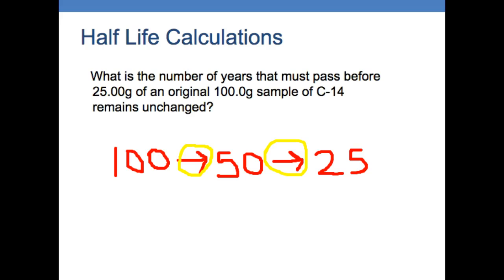Next, you're going to look up how much time it takes for half the sample to decay. The sample I'm looking at is carbon-14. Let's go back to Table N and find carbon-14.